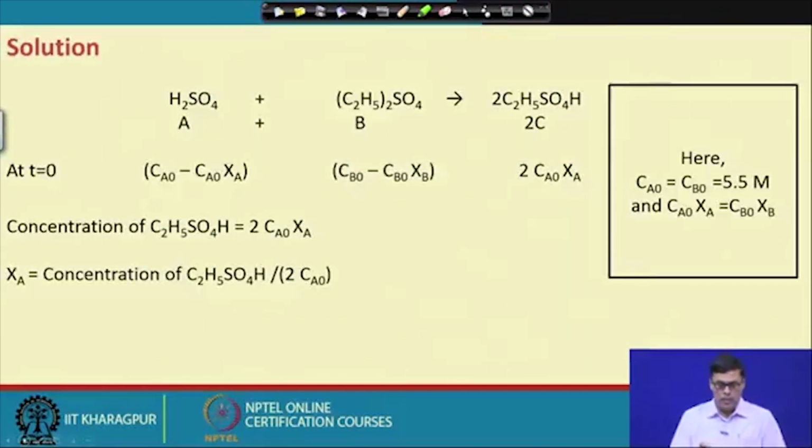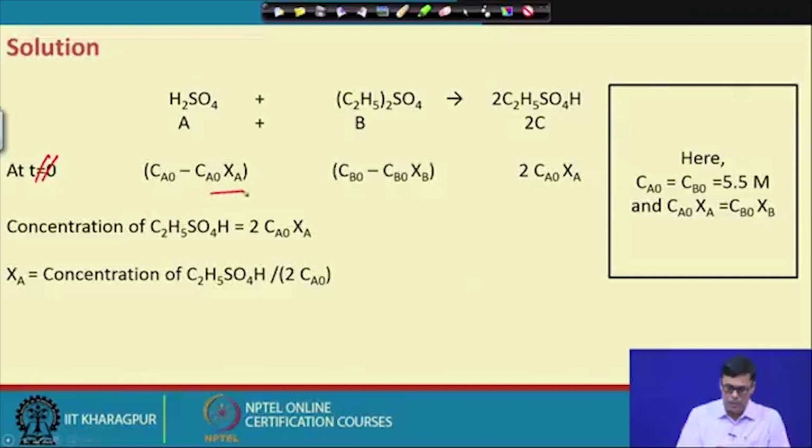Now, at time t equal to 0, Ca will be Ca0, but at time t, Xa will be converted. This should be at time t. Ca is equal to Ca0 minus Ca0 into Xa.